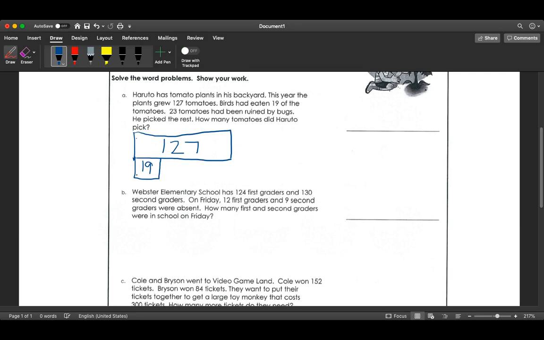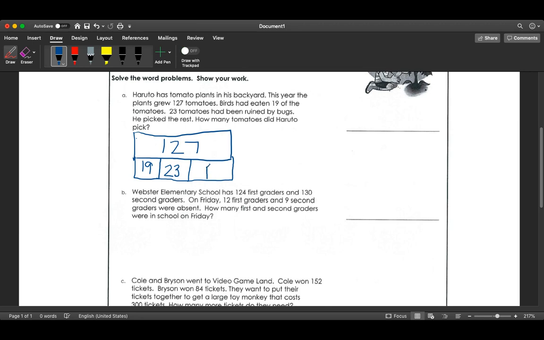And so that's smaller than the total. So we still have some left. But out of the ones that are left, 23 of them were ruined by ladybugs. So he lost 19 of them to the birds and 23 of them to the ladybugs. But the rest of them, that's this amount right here. The rest of them he was able to pick.